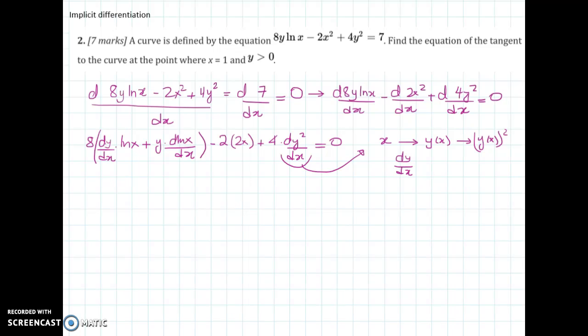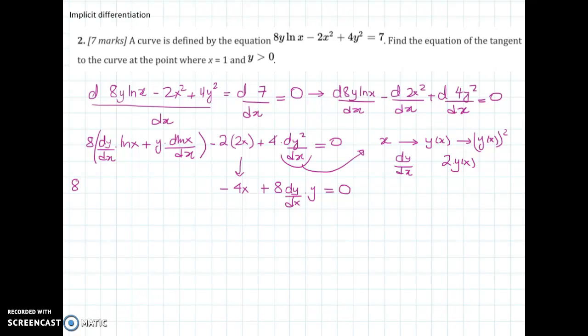On the second step, we have 2 times our function. So putting this together, let me write first the two last terms since we have already worked those out. We have here negative 4x plus 8 dy dx times y, and all of this is equal to 0.